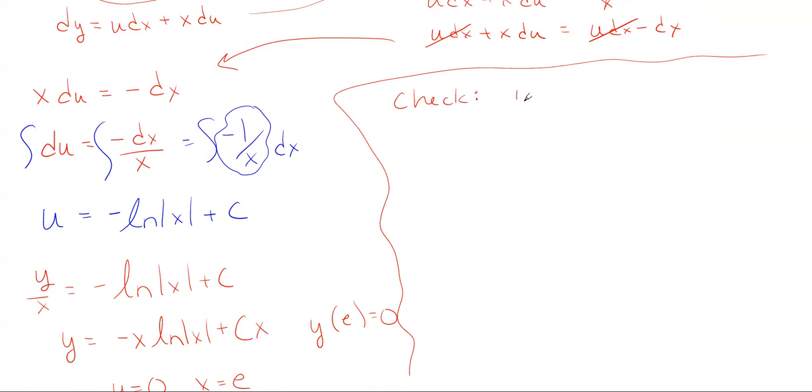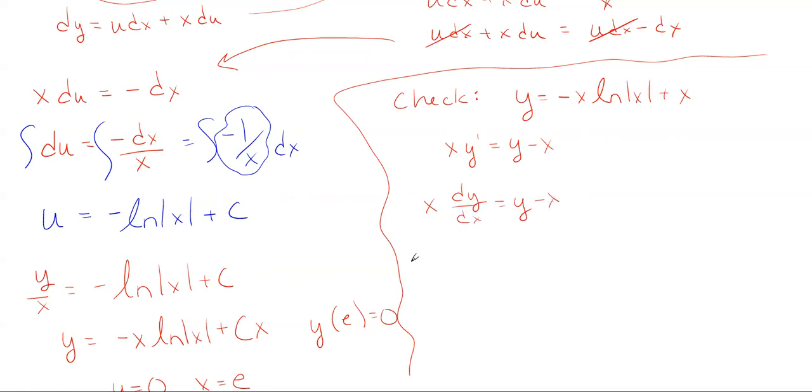So our answer for our y equation is y equals minus x times the natural log of x plus x. We have to check that with the expression that was given, x times y prime is equal to y minus x. This is just our given expression. So we're going to plug in y wherever it occurs, and just keep in mind that this is x times dy/dx is equal to y minus x.